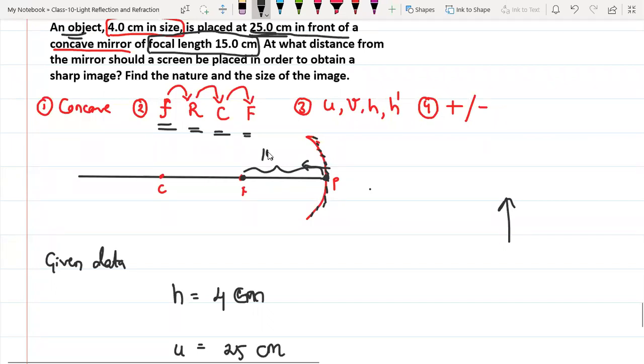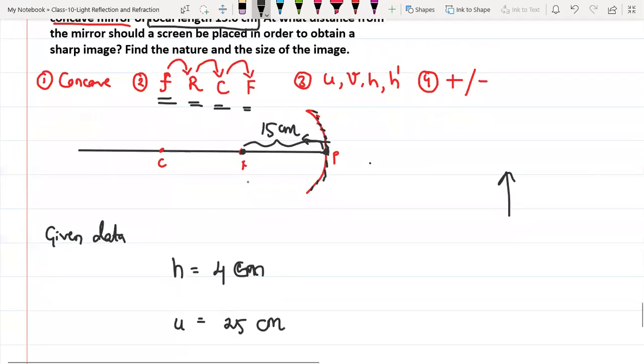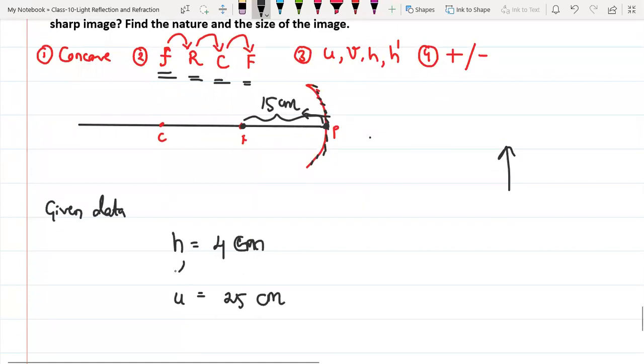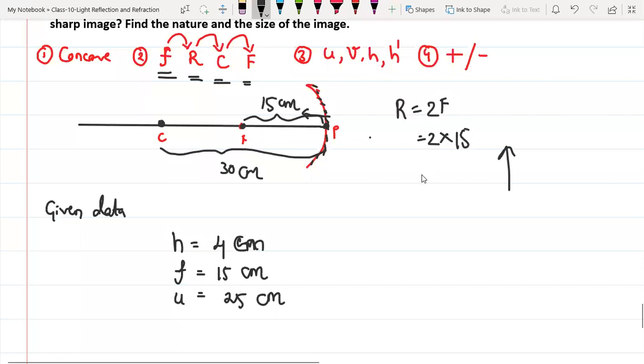Here you can mention small f is equal to 15 centimeter. Now if f is 15 centimeter, this C value will also be 15 centimeter from F, so C value totally will be 30 centimeters, right? That's what we have discussed. Do you remember? R is equal to 2f, that is equal to 2 into f value 15, 2 into 15, 30.